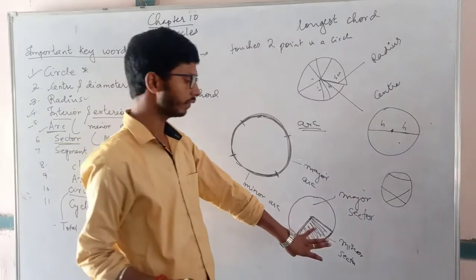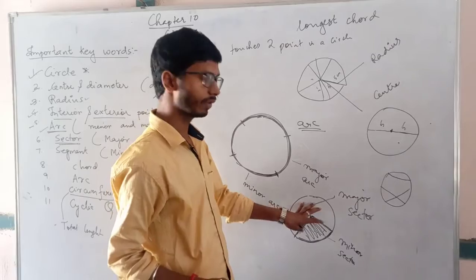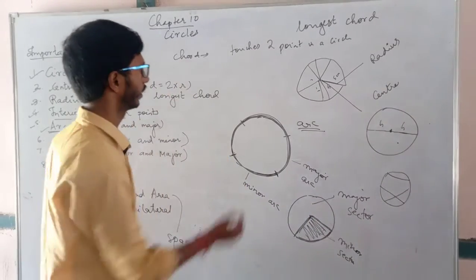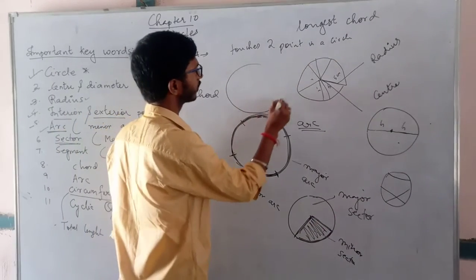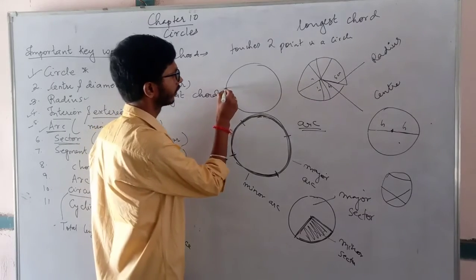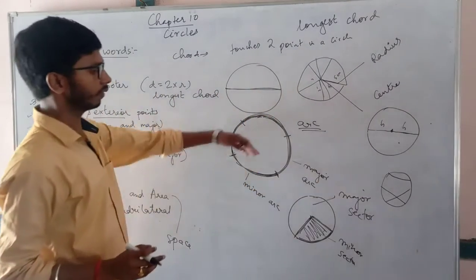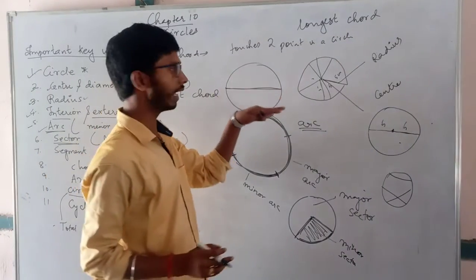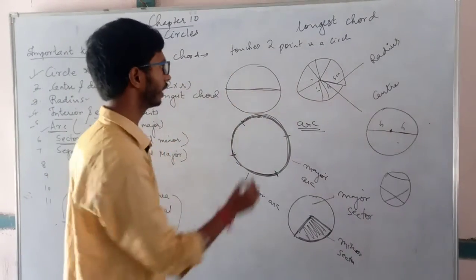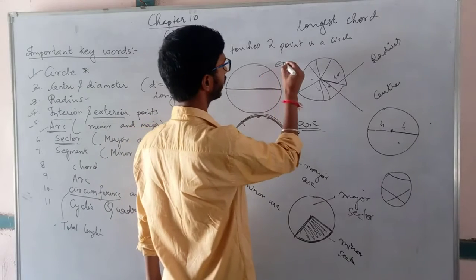If it is a smaller part, we call it minor, and if it is larger, we call it major sector. Now if we consider a circle where we have the diameter, then there is no such minor and major, because both are equal. So we call them equal sectors. Both are the same.